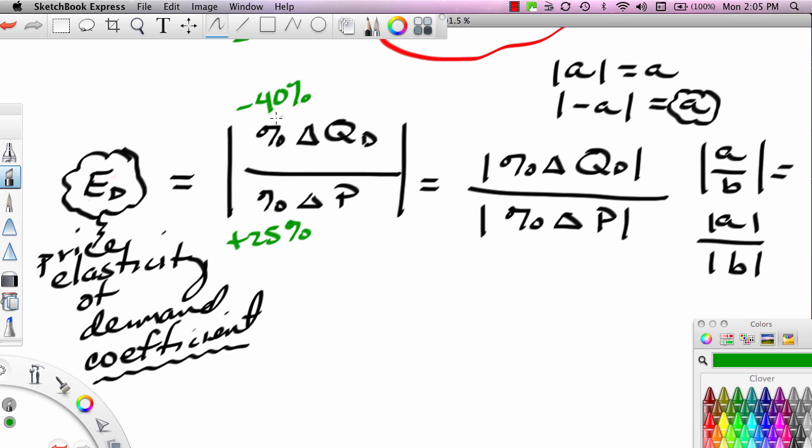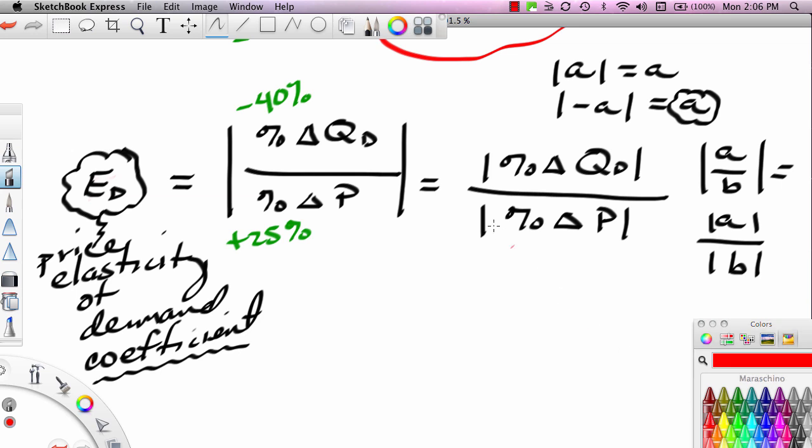In fact, if you divided 40% by 25%, you would actually get 1.6, which is a number greater than 1. So if the numerator is greater than the denominator in absolute value terms, that's the key idea. If the numerator is greater than the denominator in absolute value terms, this ED has to be greater than 1.